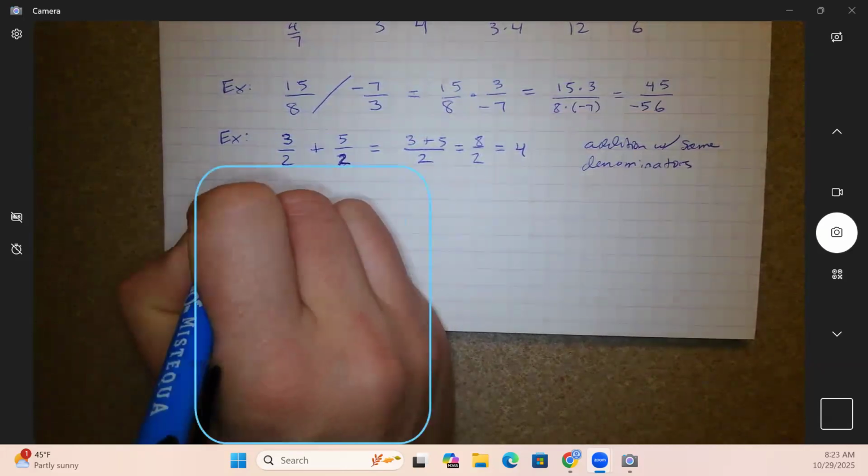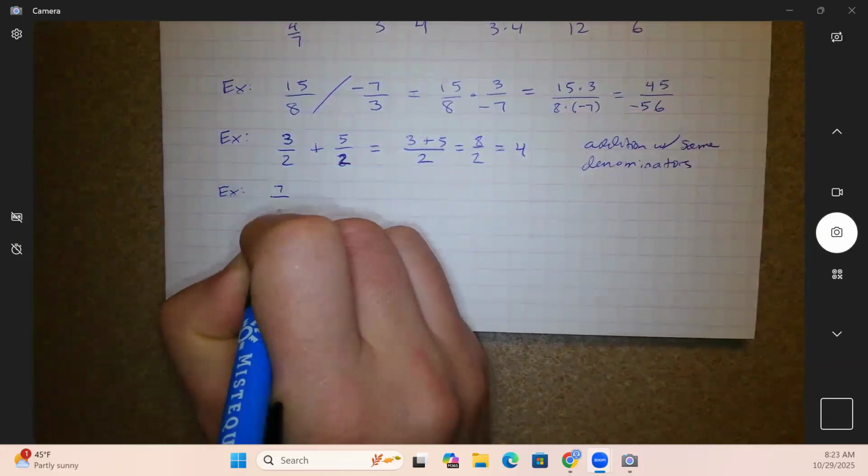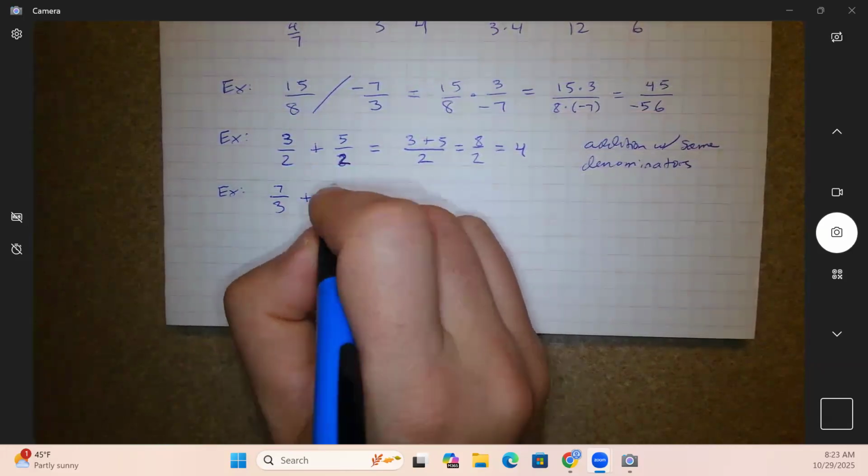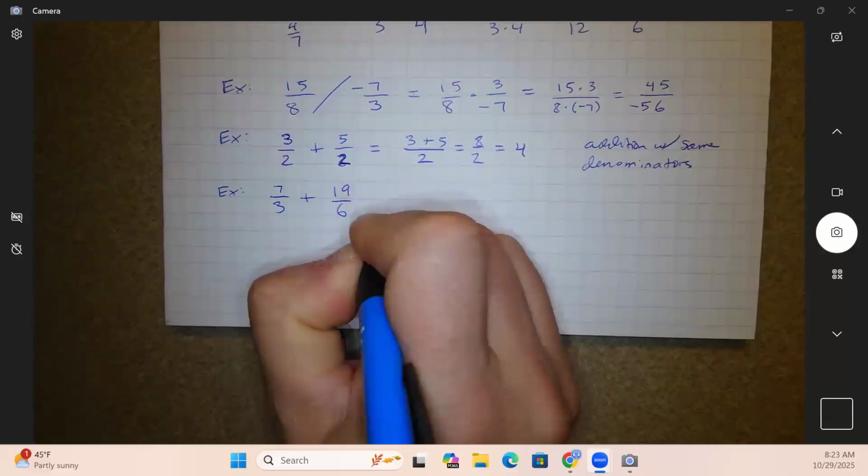And if you're trying to add fractions that don't have the same denominator, like 7/3 plus, let's see, 19/6.